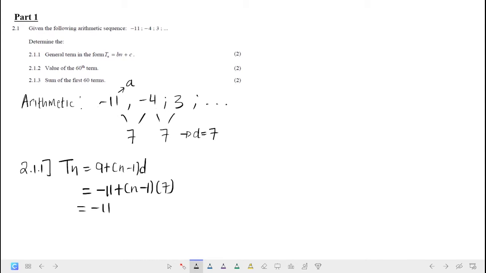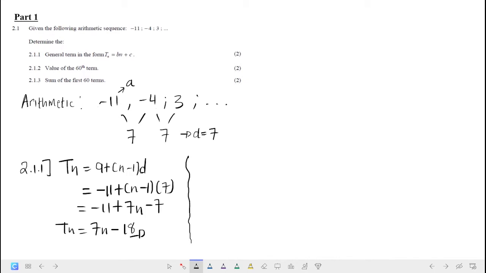We're going to simplify. By simplifying, we get 7n minus 18. As you can see, this equation is in that form, so this is our answer.